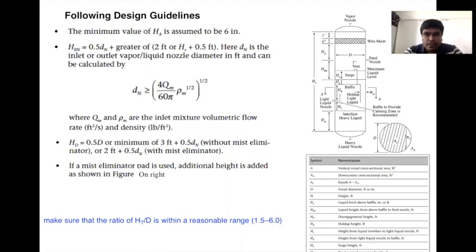So the feed nozzle is also an important criterion in determining the height. If the diameter of the feed nozzle is known, the initial heights like HBN and HD can be calculated. HD is the disengagement height, and HBN is the liquid height from the baffle to the nozzle, right? In this way, all these height parameters need to be calculated for the design of a vertical separator.